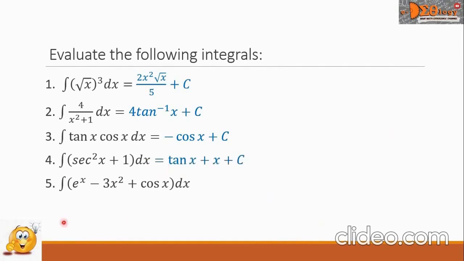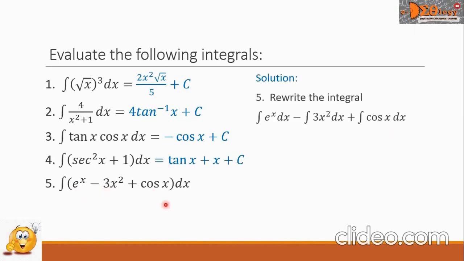Let's solve now for problem number 5. Let us show that we are going to take the integral of each of the terms of our function. So we have now the integral of e^x dx minus the integral of 3x squared dx plus the integral of cosine x dx.